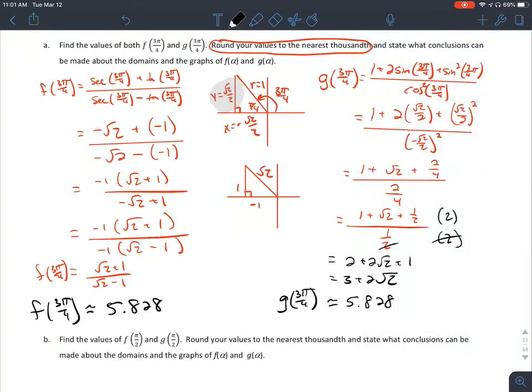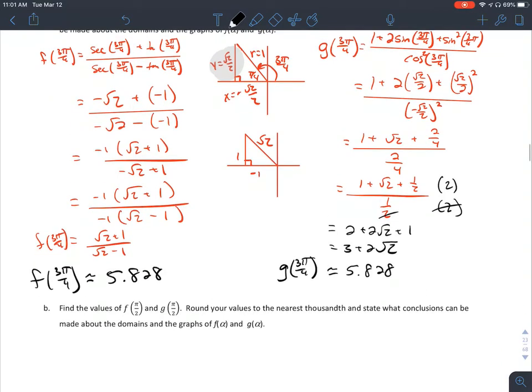So the question said, find those, which we did, and state what conclusions can be made about the domains of these graphs.